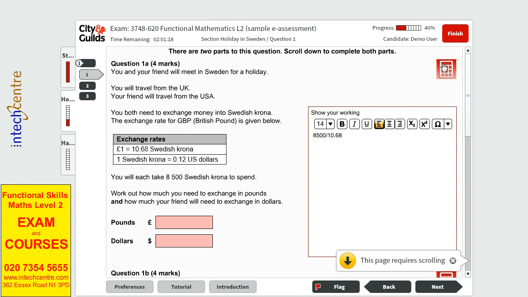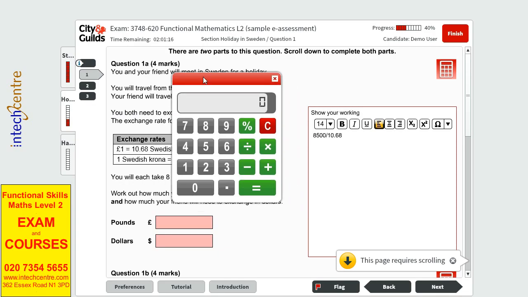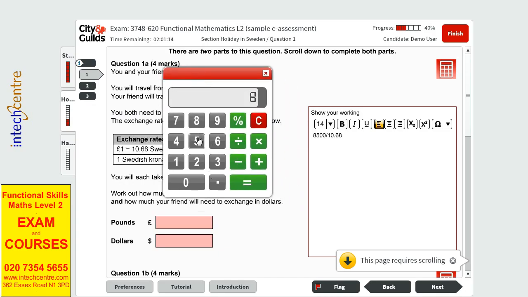We will use the calculator to find out how many pounds this is. 8,500 divided by 10.68, and this will be 795.88 pounds.